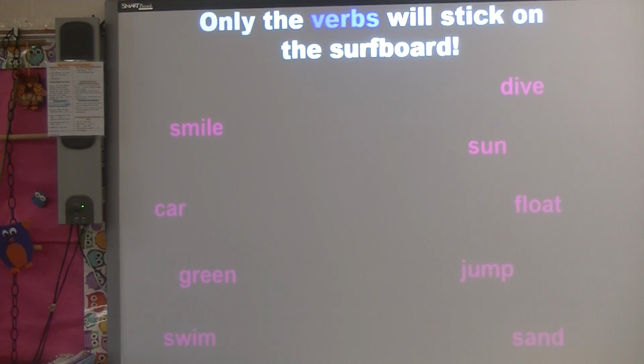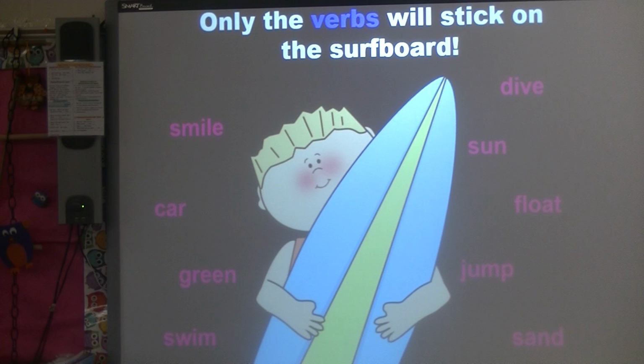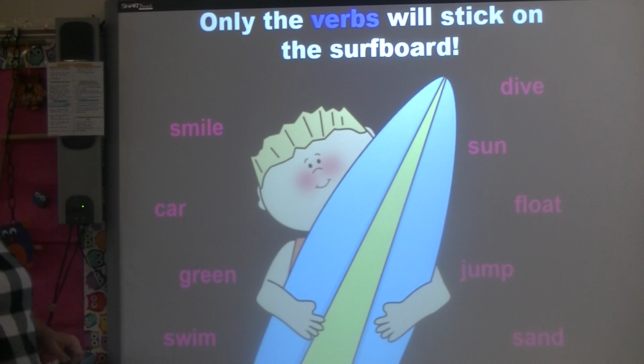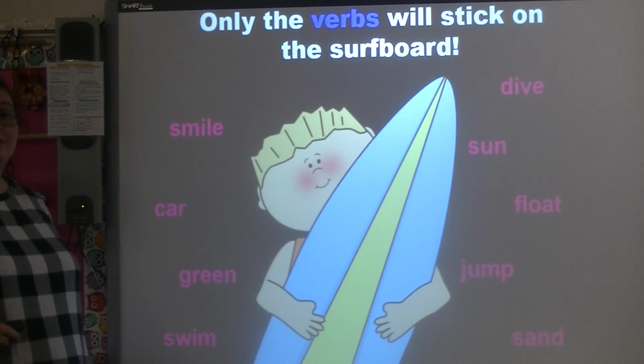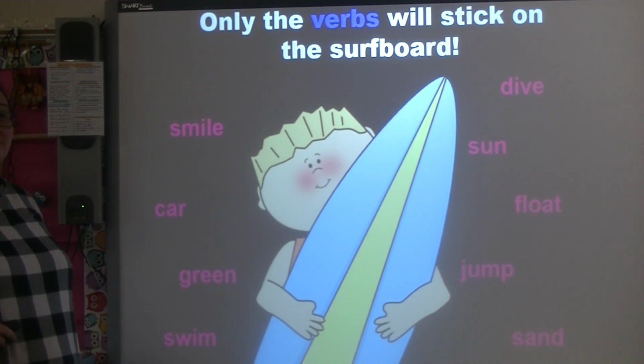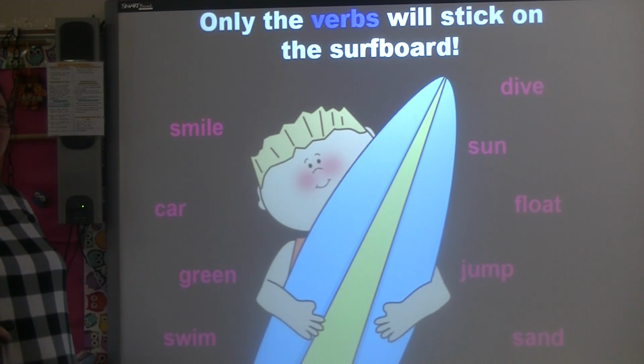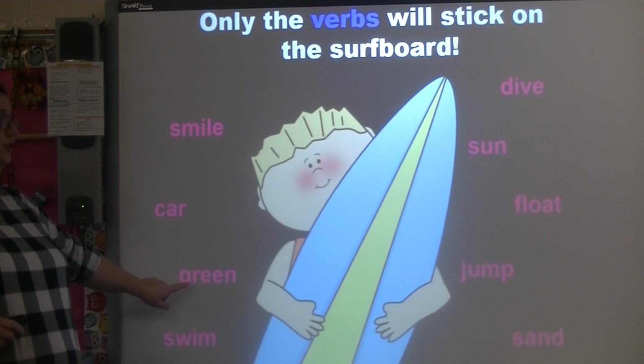All right. It says only the verbs will stick to the surfboard. You guys, thumbs up or down, is it a verb? Smile. Car. Green.